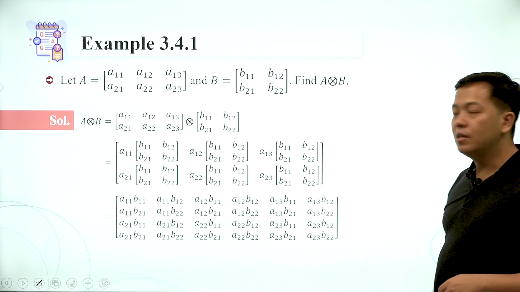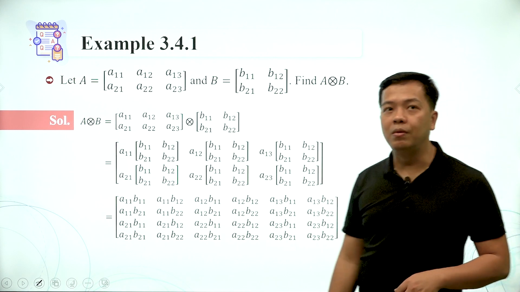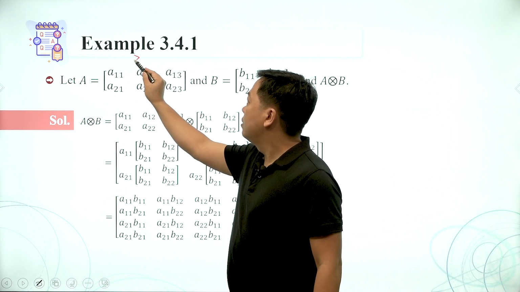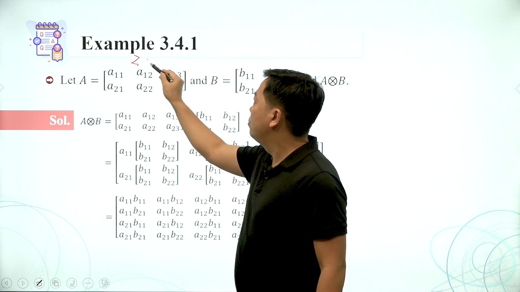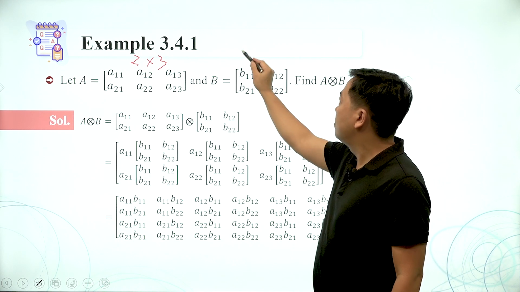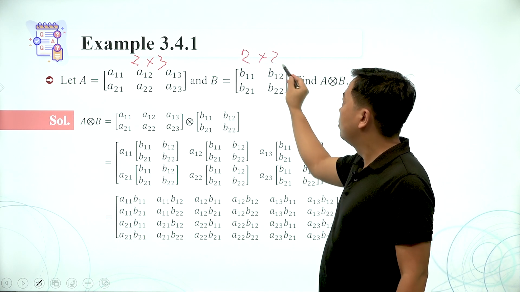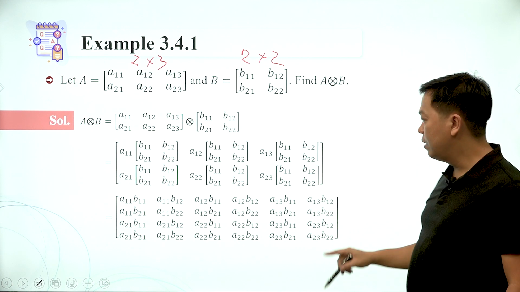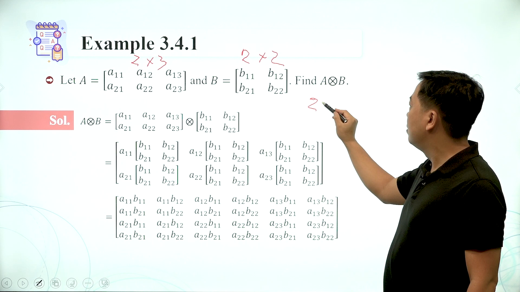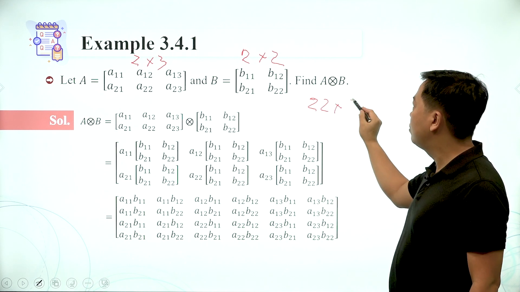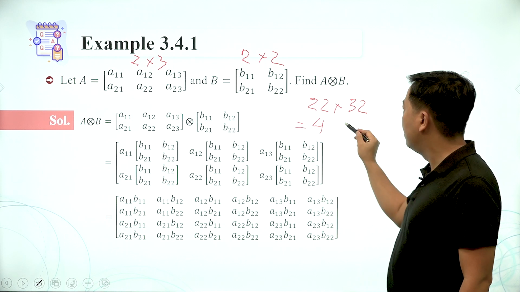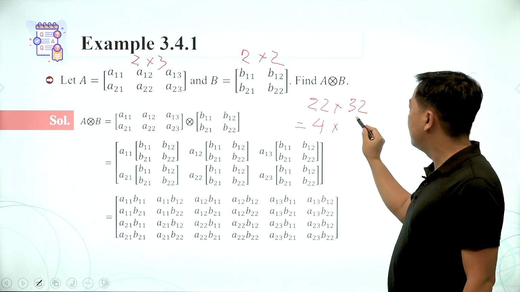Here is an example. This one is 2 by 3, and this one is 2 by 2. So the total is 2 times 2, which is 4 rows, and 3 times 2, which is 6 columns.